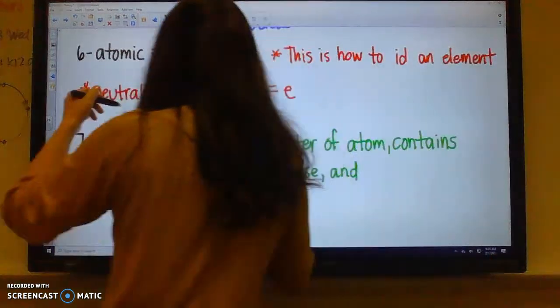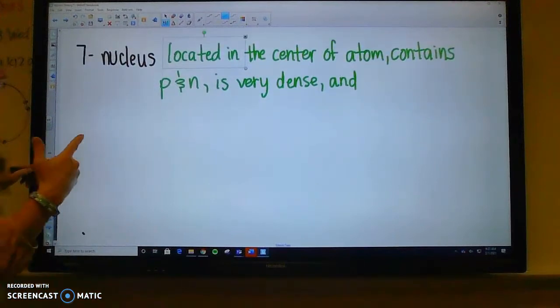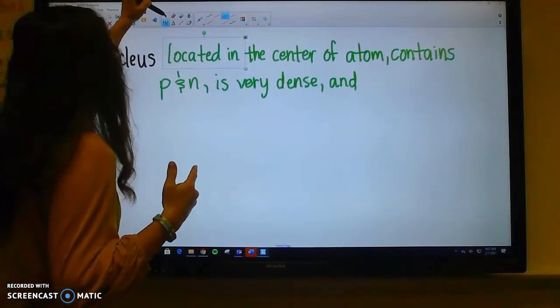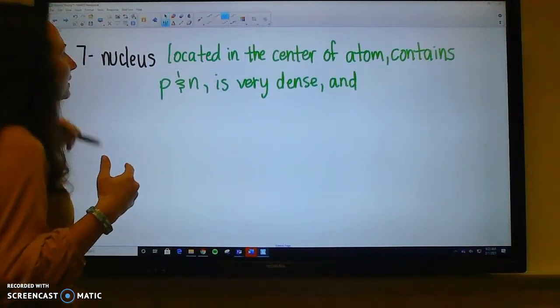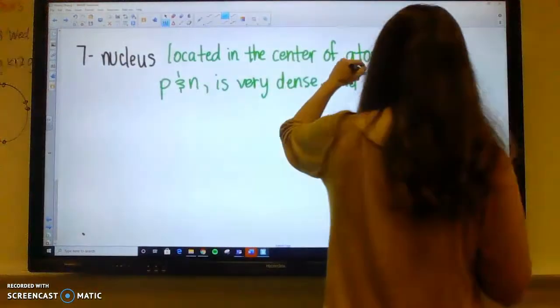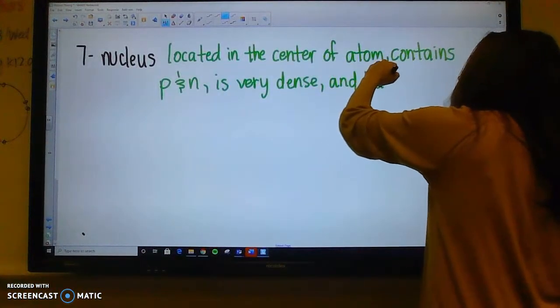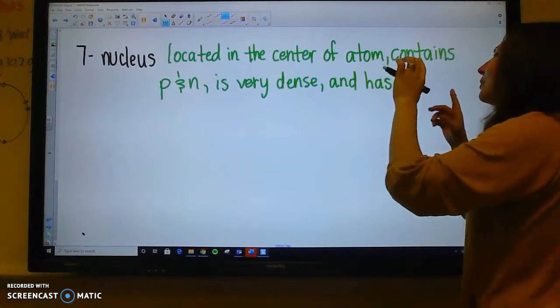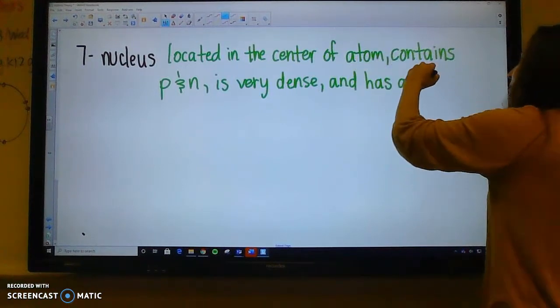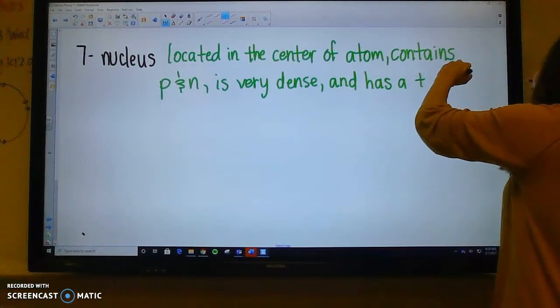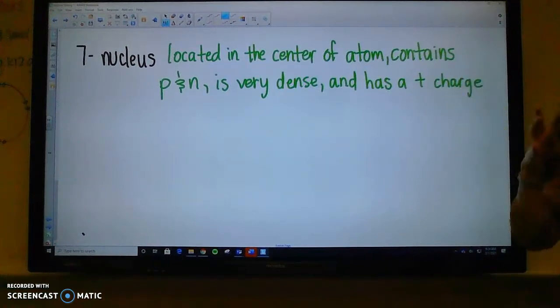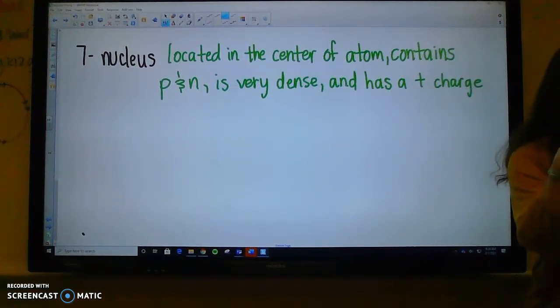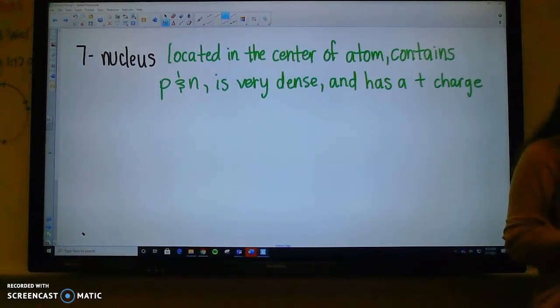And what charge are protons again? Positive. What charge are neutrons? Neutral. Yep, neutral. So the nucleus has a positive charge. So the nucleus is actually what attracts those electrons that are orbiting the nucleus. Nucleus is what's holding the electrons and keeping them from flying off.